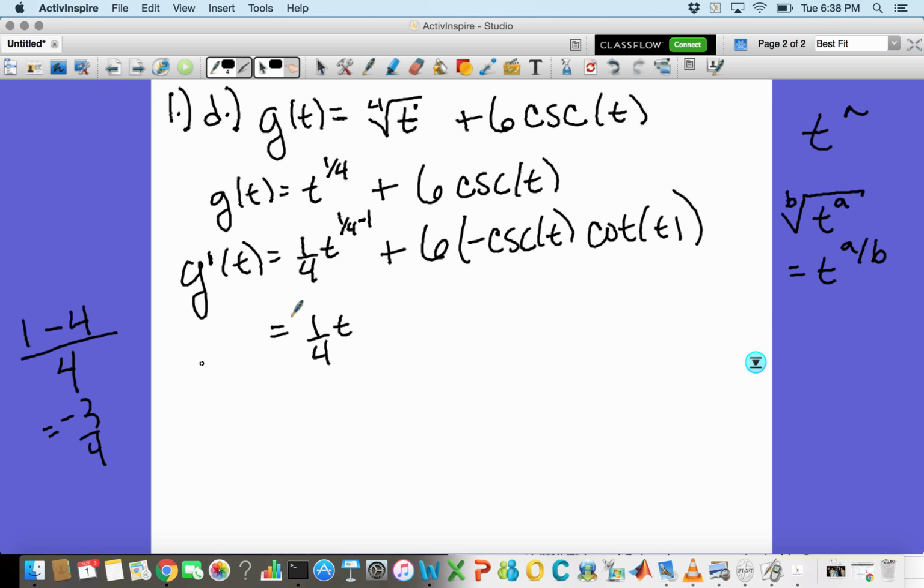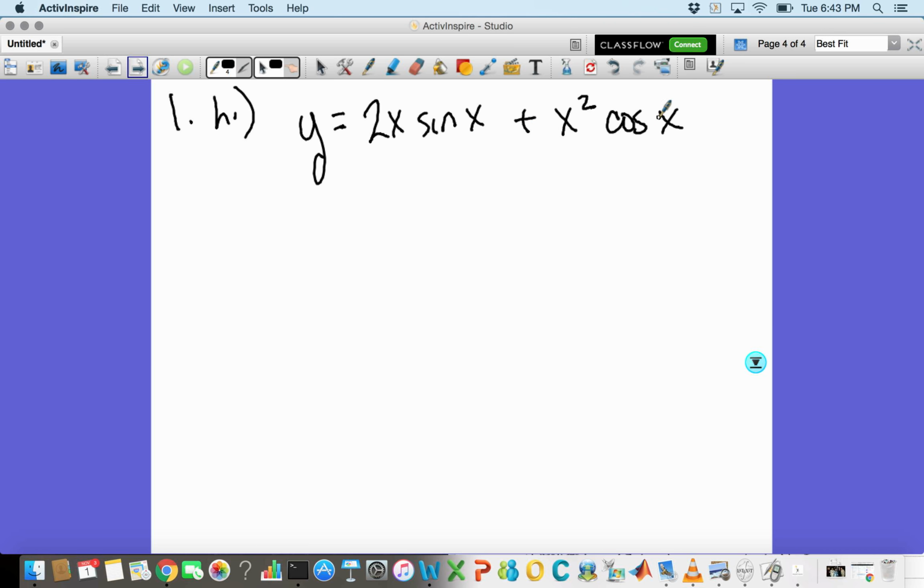I would also like to go over 1h as well. So for this one, y equals 2x sine x plus x squared cosine x.